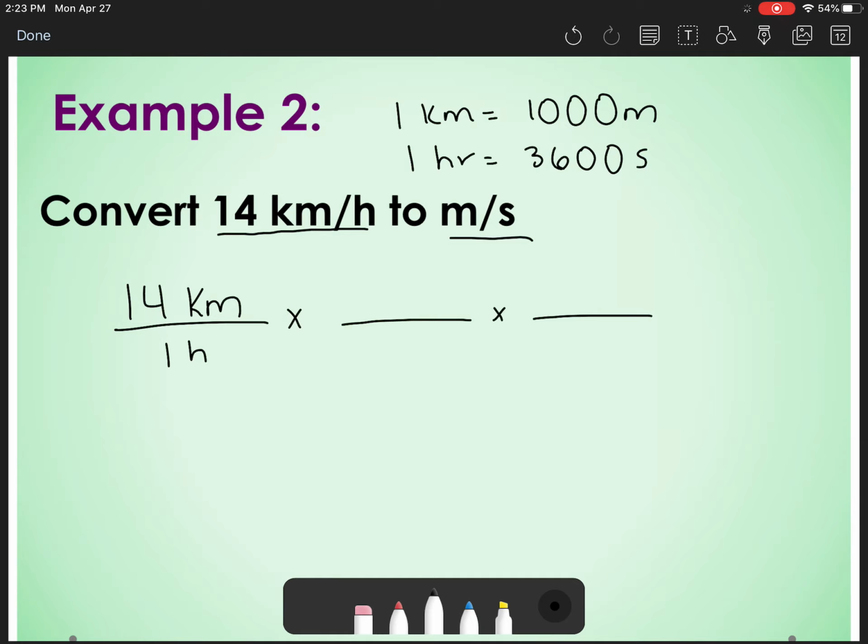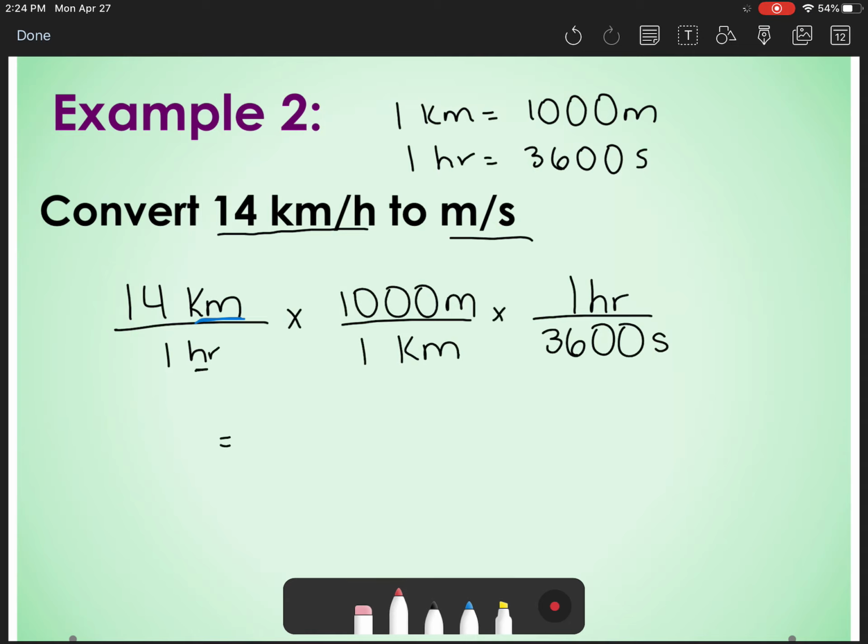With my conversion factor, because kilometer is on the top of this fraction, it needs to be on the bottom of my conversion factor to be able to cancel, which leaves 1,000 meters at the top. With time, my hour is at the bottom, which means my hour has to be at the top over here in order to be able to cancel. Okay, now I double check and I cancel my units where appropriate.